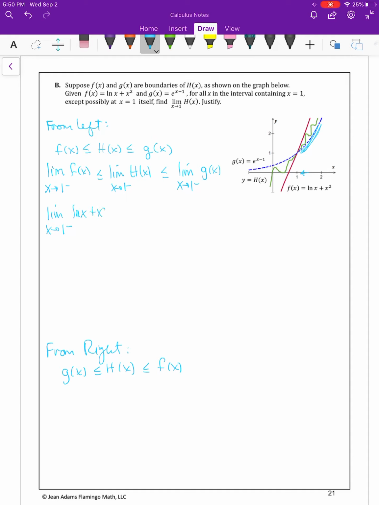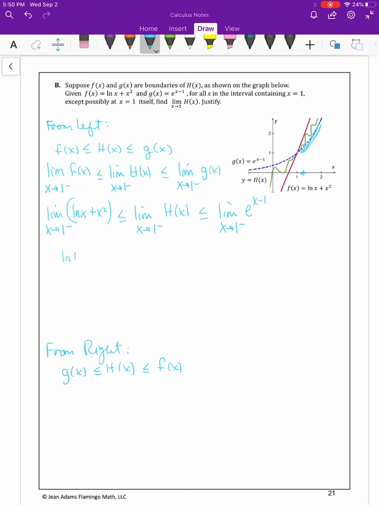My f of x is ln x plus x squared, less than or equal to the limit as x is approaching 1 from the left of h of x, which they really haven't given us, is less than or equal to the limit as x is approaching 1 from the left of g of x, which they have told us is e to the x minus 1.